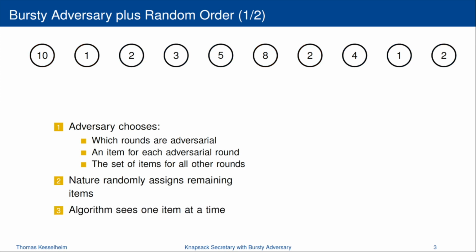But it's important to mention that the algorithm cannot actually distinguish whether this is an adversarial round or a random order round. It just sees a sequence of items arriving, and it has to deal with the situation that sometimes this might be in random order, but sometimes it might also be coming from such an adversarial round.